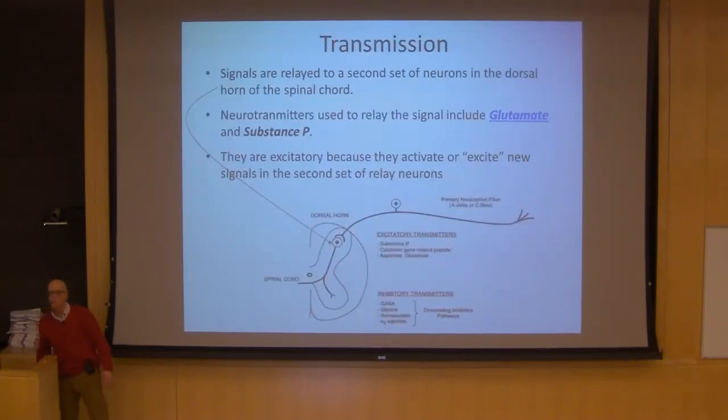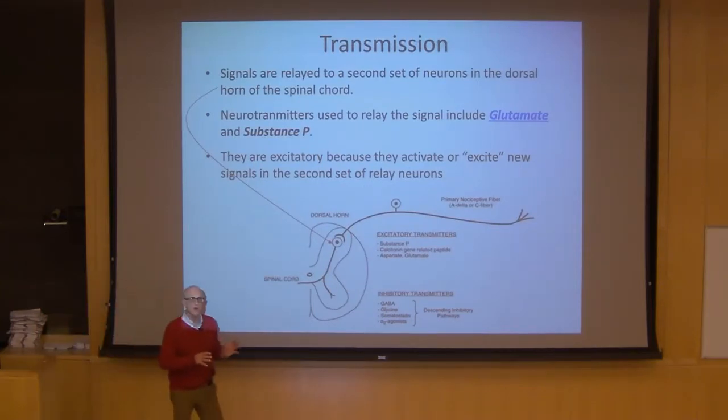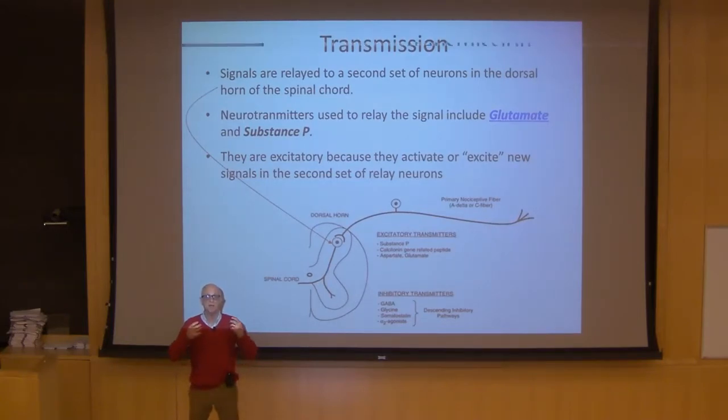Okay, so as you saw with those four, you've got basically sensing, transmission, registering, and then modulation. And the modulation is basically coming from the brain that alters the perception of pain. In transmission, there are some important neurotransmitters involved, particularly at the dorsal horn.